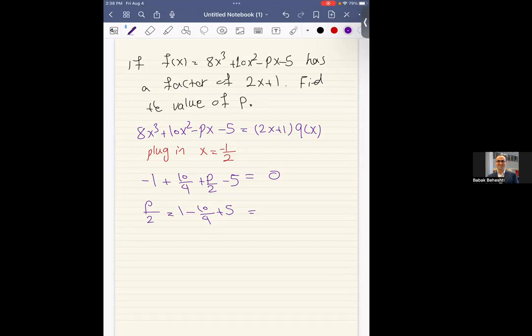What is 1/2 cubed? One over 8. Right? So here you can find p. I don't write the computation, but that's it. Is that clear?